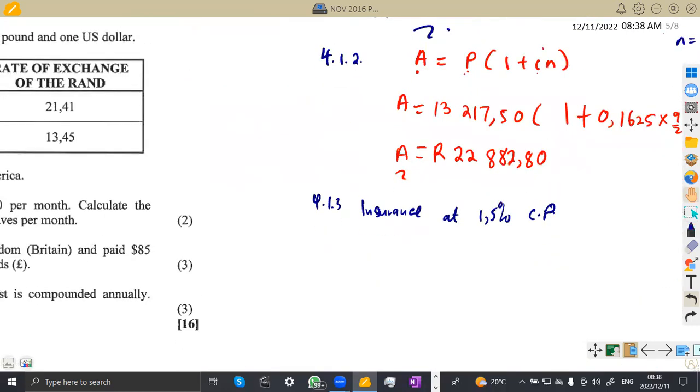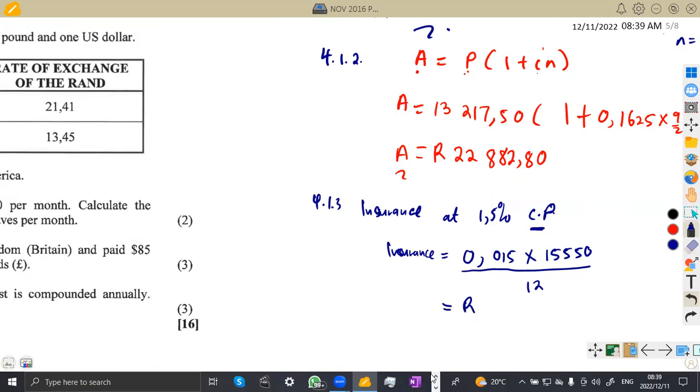So we are going to multiply, and this is per annum, so we shall have our insurance as 1.5%, which is 1.5 divided by 100, that's 0.015 times the cost price of the fridge, which is 15,550. But it's done per annum, which means yearly, so you divide by 12, the number of months in a year.